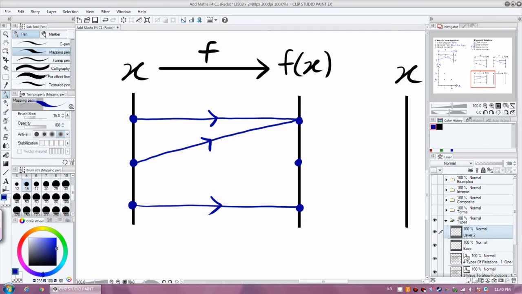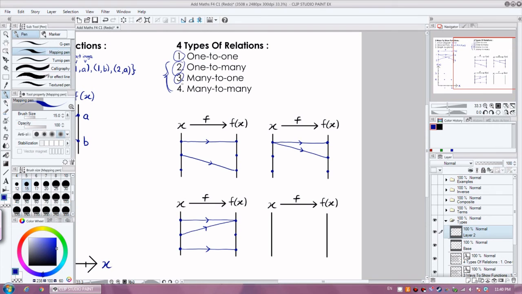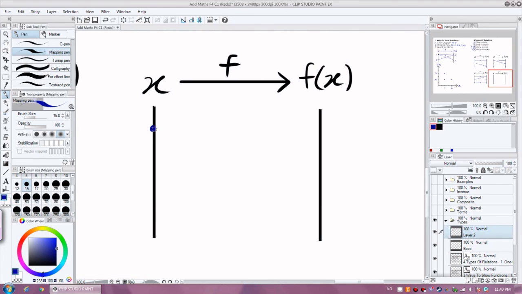Now the final one that we're going to learn is many-to-many. Many-to-many is basically one-to-many and many-to-one relations combined, which means that in this arrow diagram, one of the objects must have more than one image.